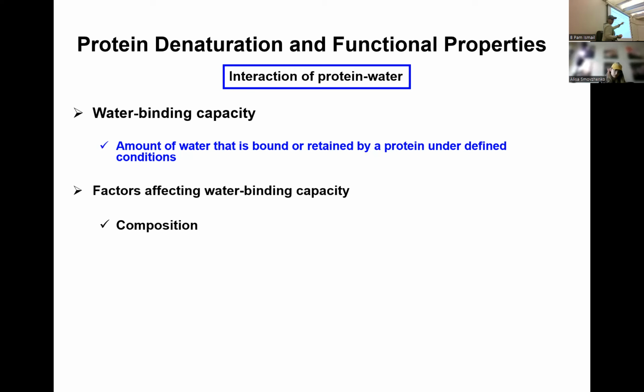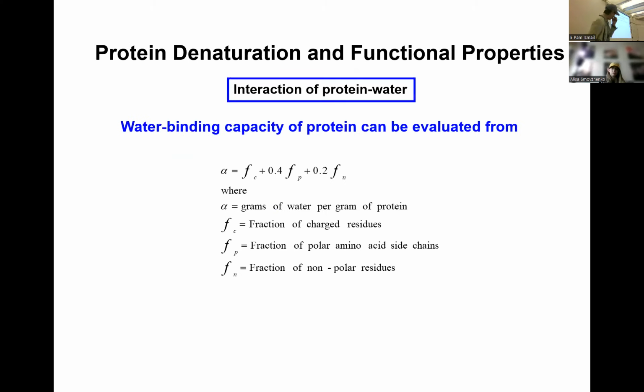So what is it affected by? It's affected by composition. So this is the equation that shows you the relationship of the water binding with the characteristics of the amino acid. The grams of water per gram of protein is a function of the charged residue. So you can see here there is a factor of 1, here's 0.4, here's 0.2. So this is charged, this is polar, and this is non-polar.